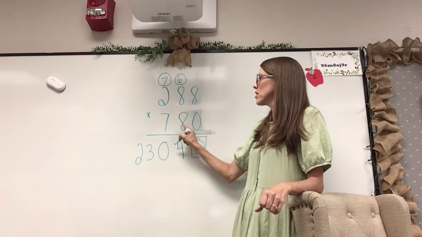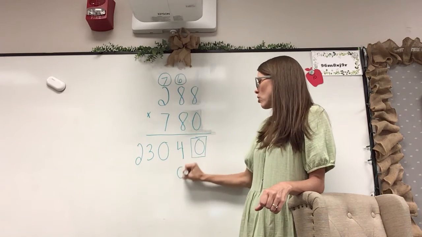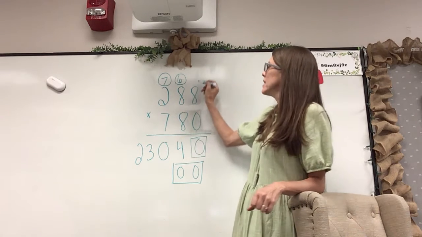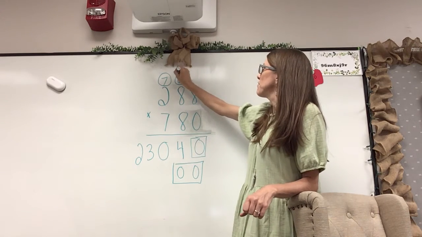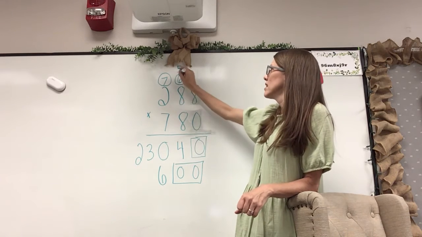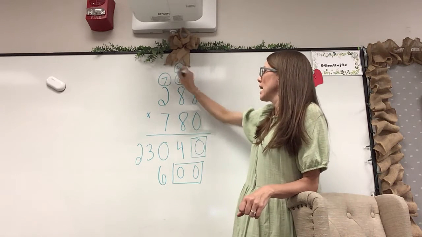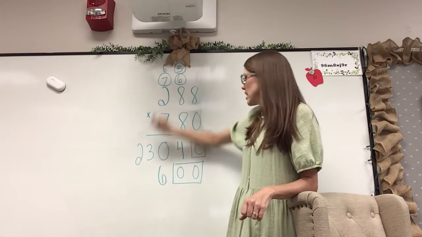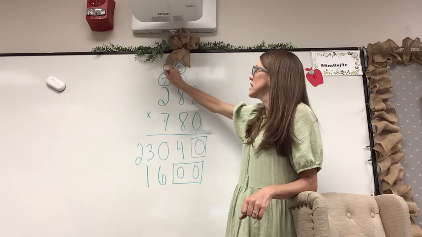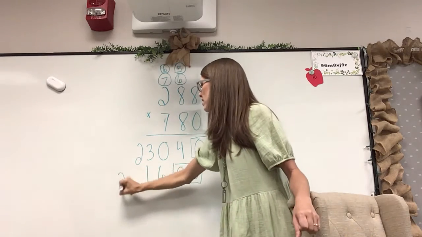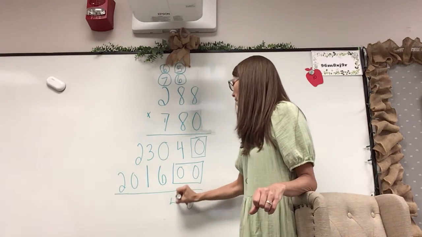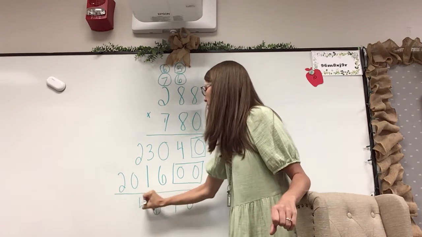Now we're going to the 100 spot, so we go over 2 places. 7 times 8 is 56. 7 times 8 is 56 plus 5, 61. 7 times 2, 14 plus 6. Your answer should have been this.